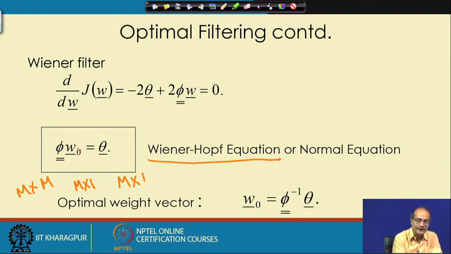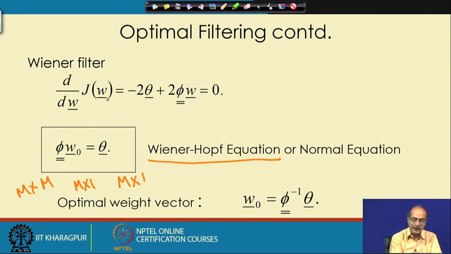Here we added the suffix 0 just to indicate that this is the optimal weight, the tap weight which gives the minimum for the error function J w. Okay.